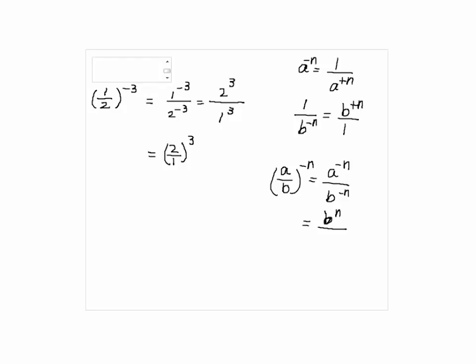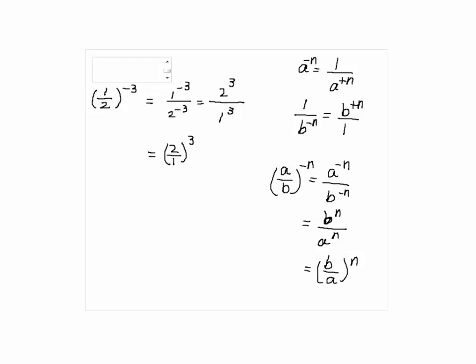And as you see, b goes to the top of the fraction to become positive for the exponents, and a goes to the bottom of the fraction. And as a result, we would get b over a to the power of n. So if you look at this carefully, a over b to the power of -n is the same as b over a to the power of n.